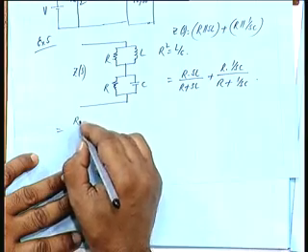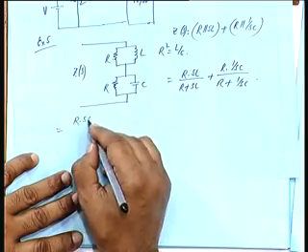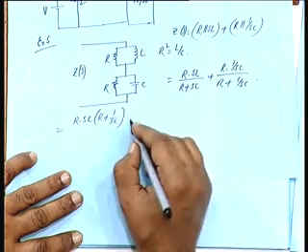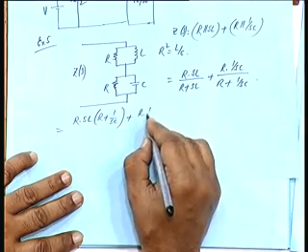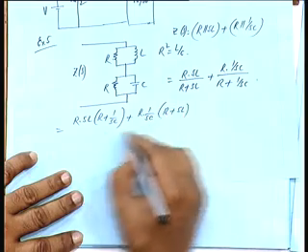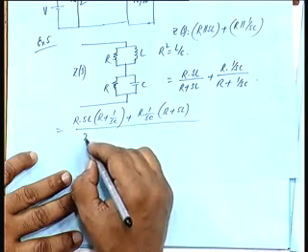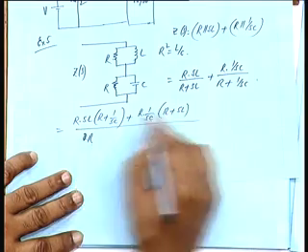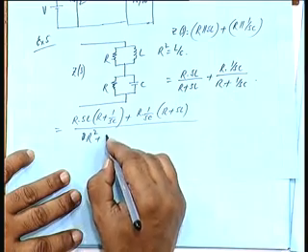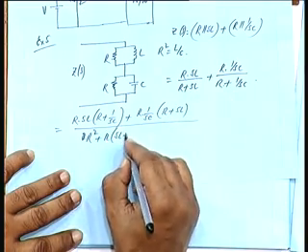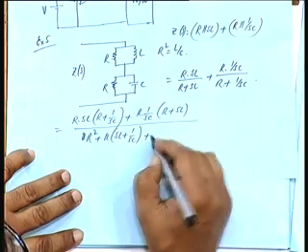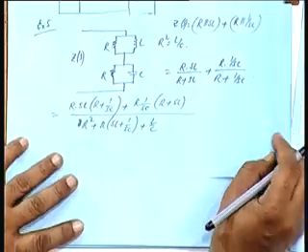Once again, if I multiply R plus 1 by SC, plus R into 1 by SC into R plus SL, divided by R plus SL, R squared plus R into SL plus 1 by SC plus L by C.